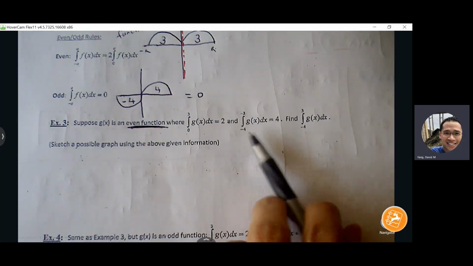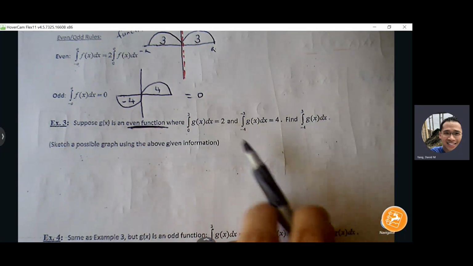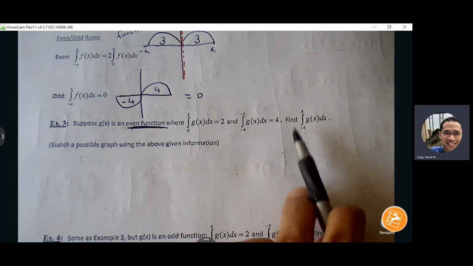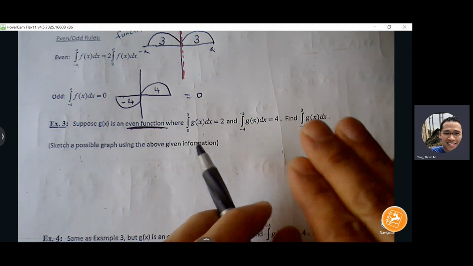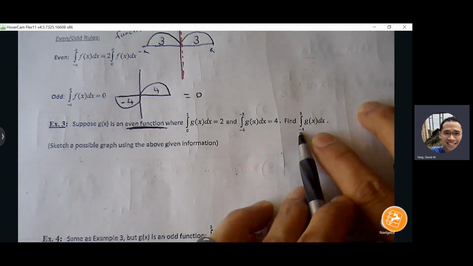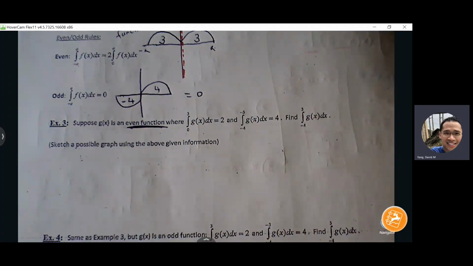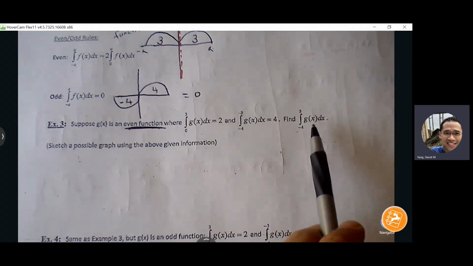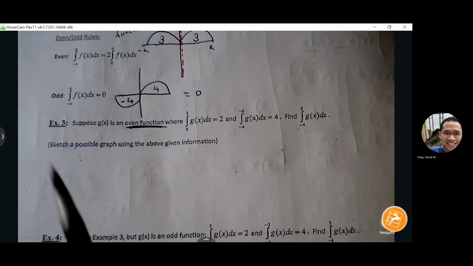Okay, we have 3 regions here from 0 to 3, from -4 to -3. But what I want us to do is we want to create the full picture first before we look at what we're trying to find. Okay, if we can draw out everything in front of us, then this will feel easy because we're just adding a bunch of numbers. Okay.